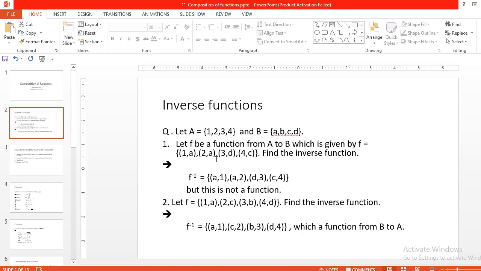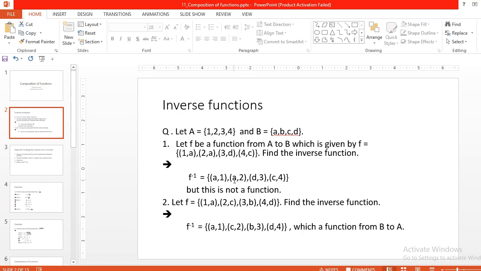A function is given from A to B, and the pairs are (1,a), (2,a), (3,d), (4,c). The question is to find the inverse function. So to find the inverse function, we reverse the pairs: (a,1), (a,2), (d,3) and (c,4).